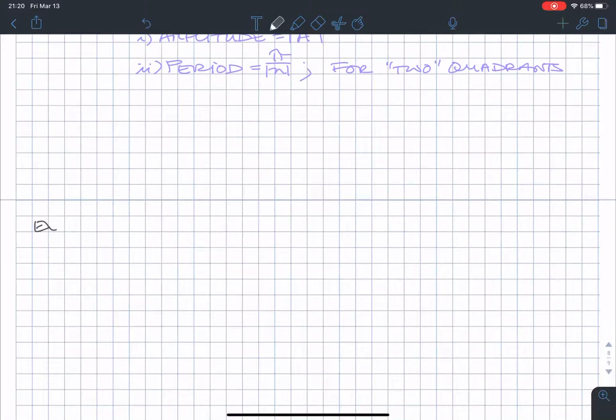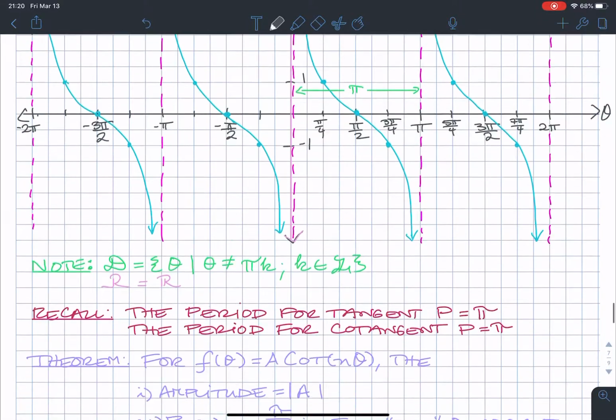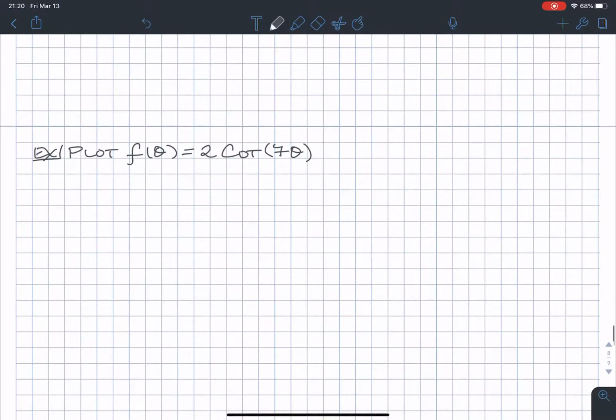Okay, so for example, let's go ahead and plot f of theta is equal to, so I plotted normal cotangent here. Let's do 2 cotangent of 7 theta, just to kick it up a notch. Okay, so the amplitude, A, is 2.